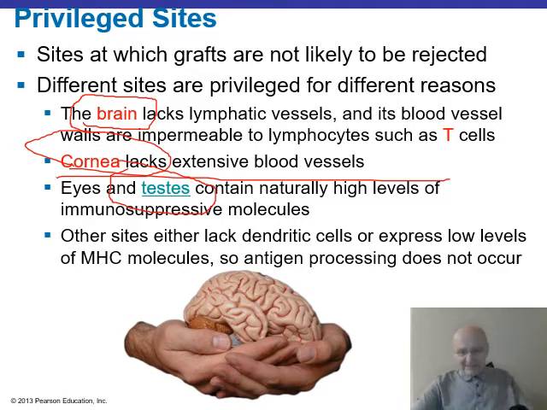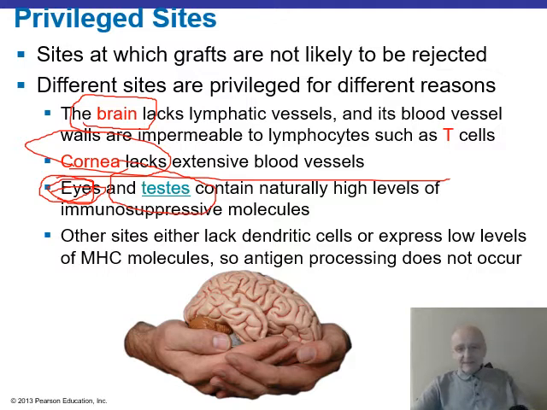And the eyes as well, and the eyes are kind of obvious. If you get a lot of inflammation and cytotoxic T cells start killing retinal cells willy-nilly, then what's going to happen, of course, is you'll go blind and you'll drop out of the gene pool. People with those kinds of immune systems don't last in terms of evolution.